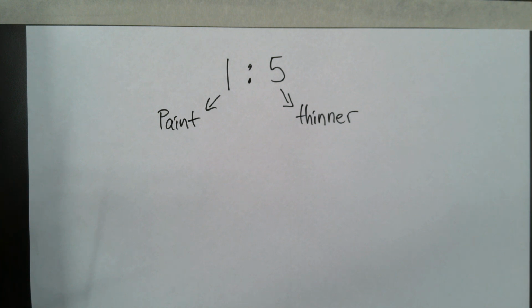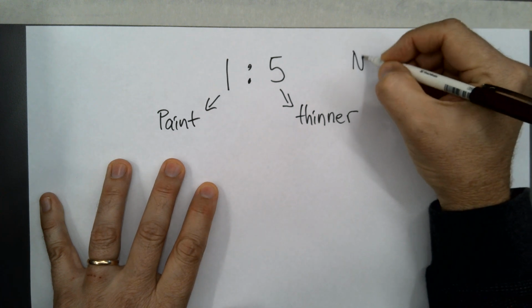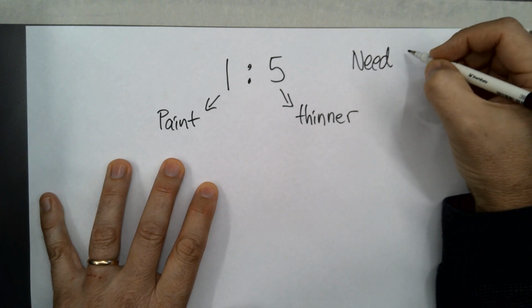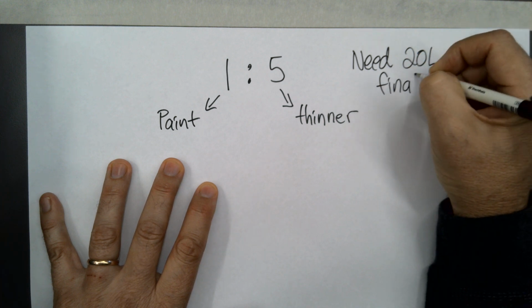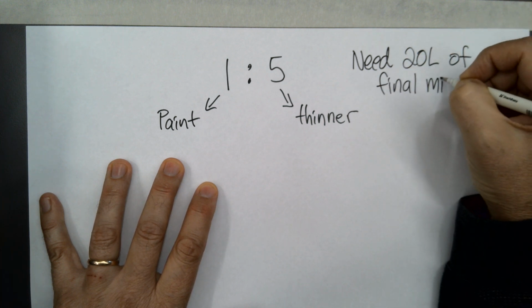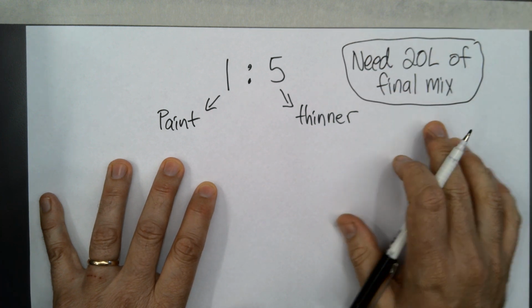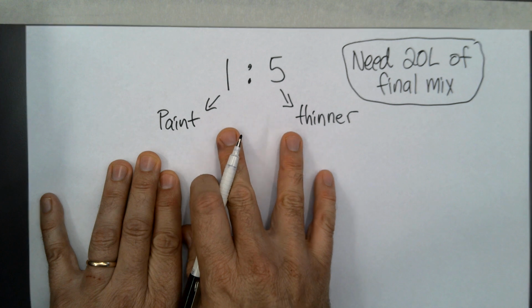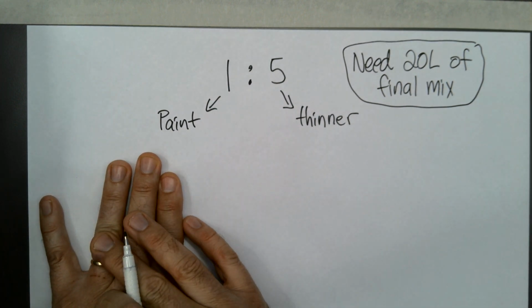Let's say I need 20 litres of final mix. Maybe it's spray painting. I need 1 part of paint to 5 parts thinner.